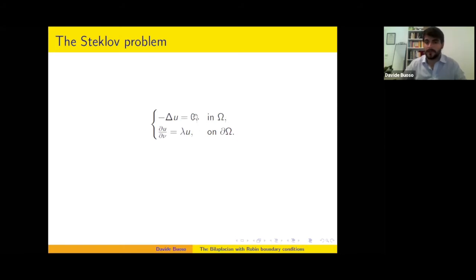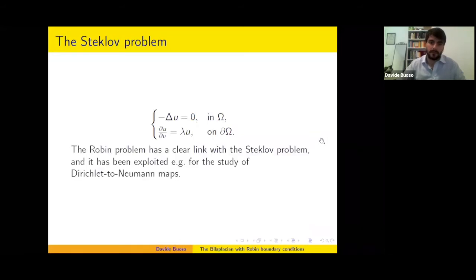So Steklov eigenfunctions are actually harmonic functions, and there is this equality going on at the boundary. So there is a sort of strange link. I'm not an expert in this kind of relations, but some of these properties are used, for instance, when analyzing the Dirichlet-Neumann maps.